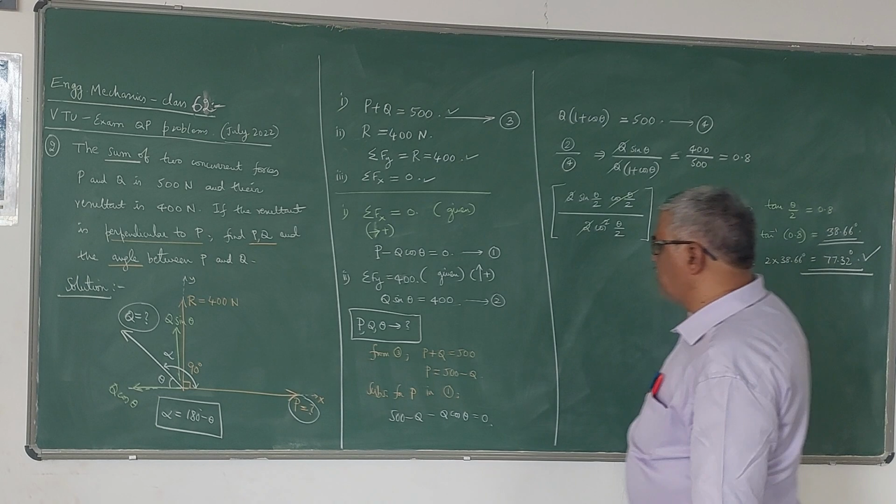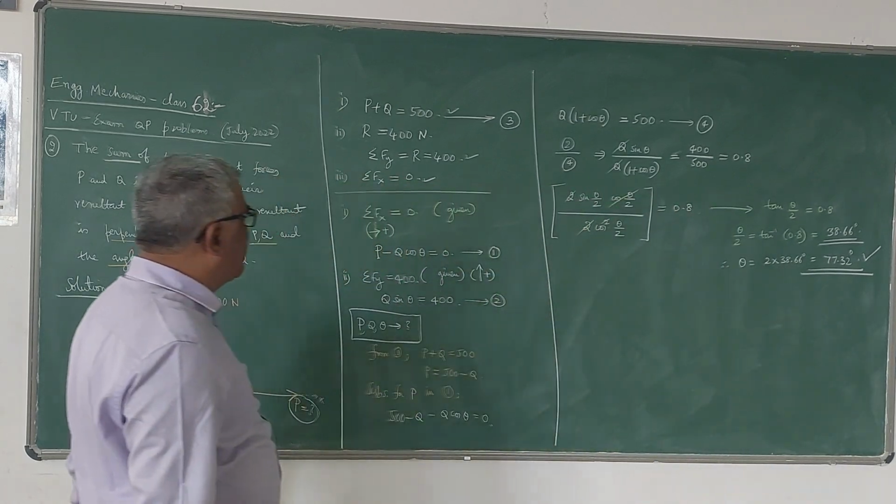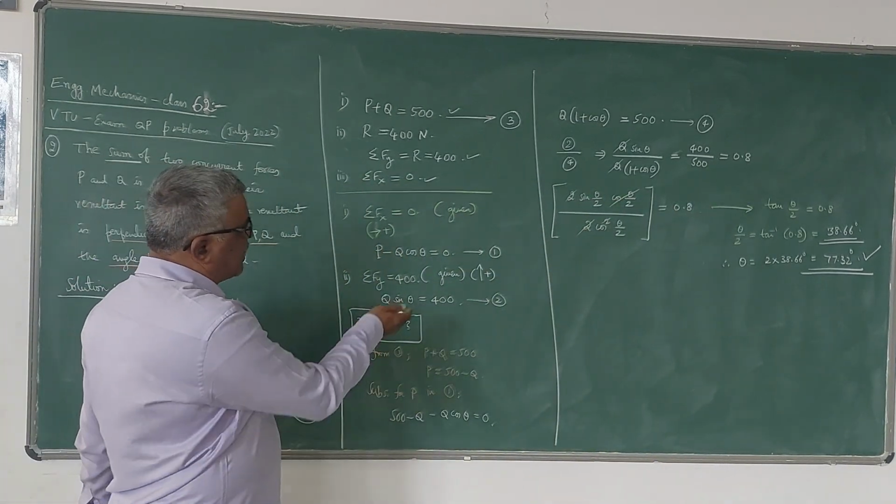Once you get this value, you can find out P and Q values by using the other two equations.